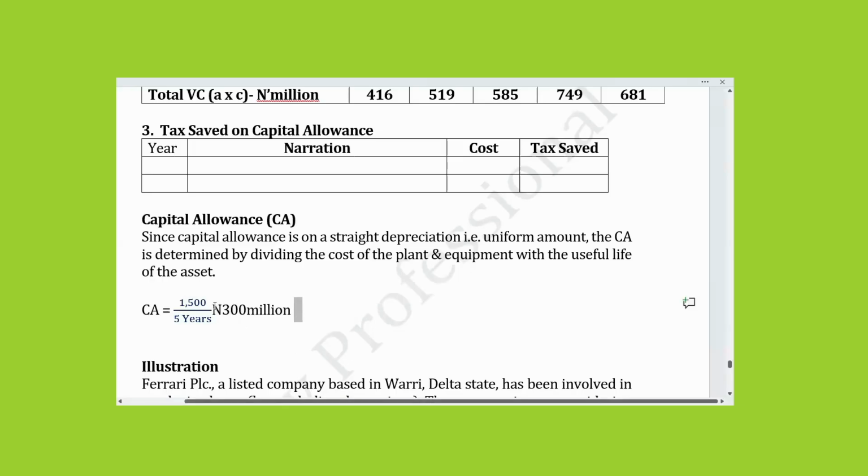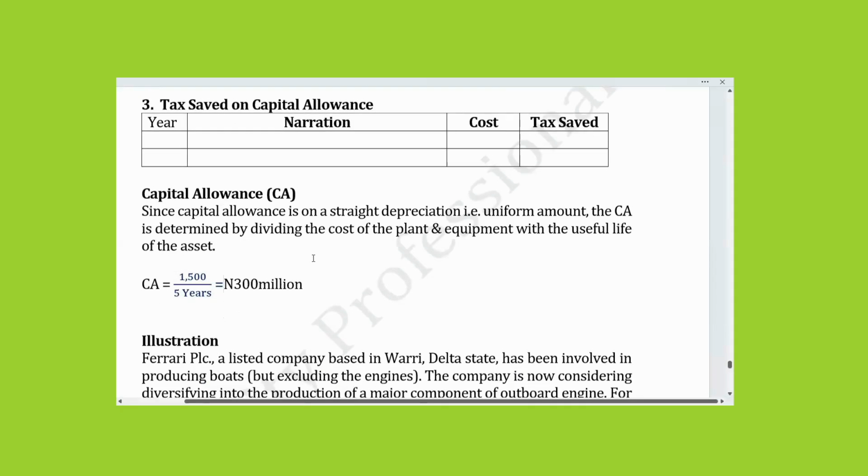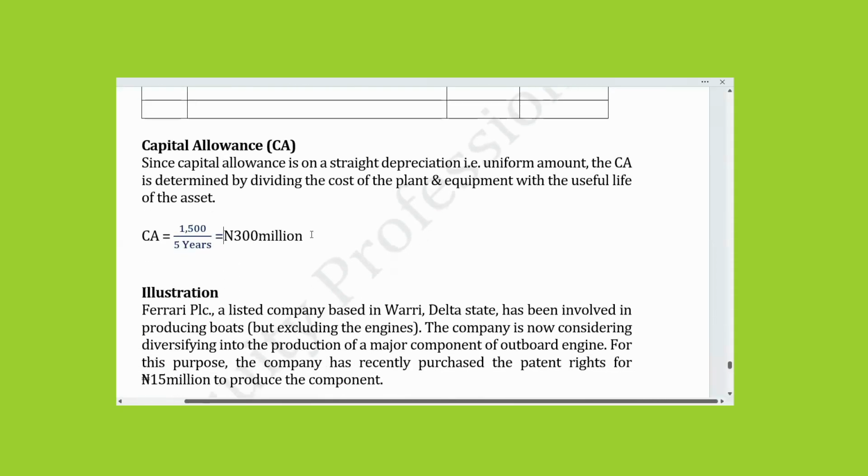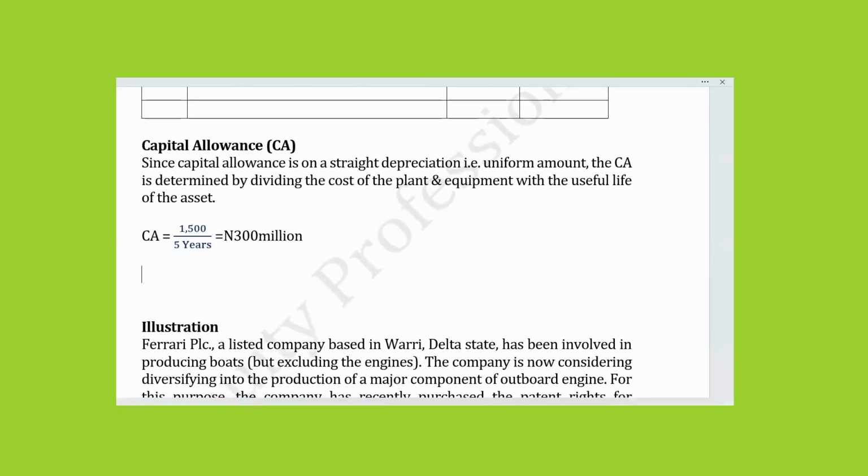So that represents our capital allowance. Now that I have capital allowance, I need to calculate tax saved on capital allowance, which is calculated as capital allowance multiplied by company tax rate.